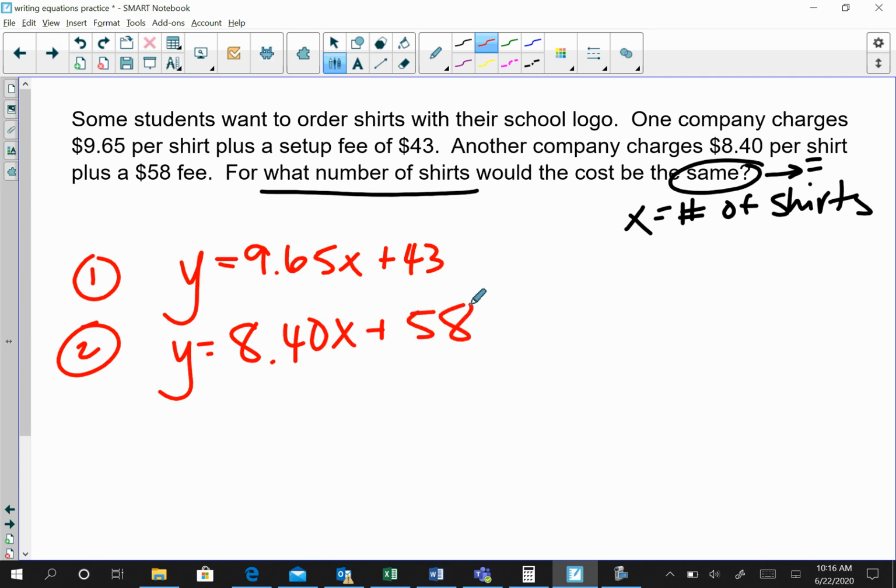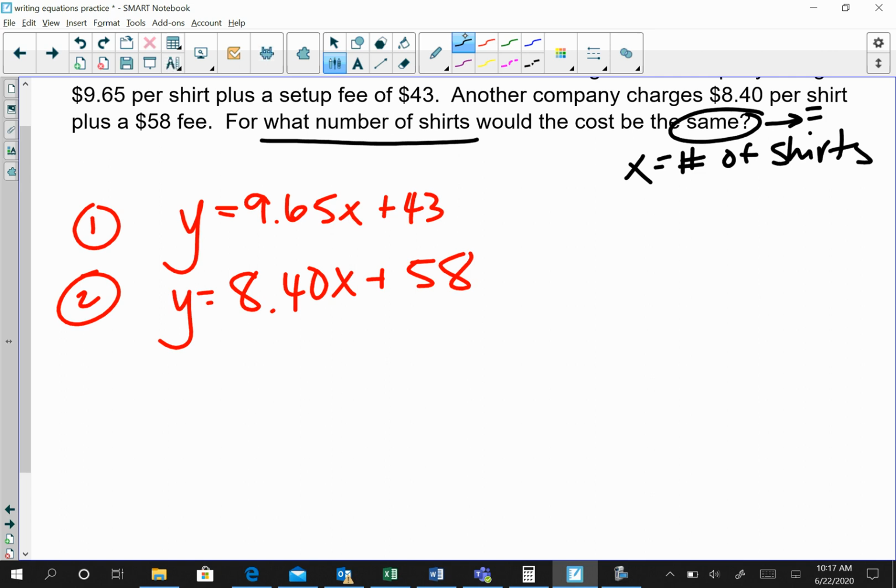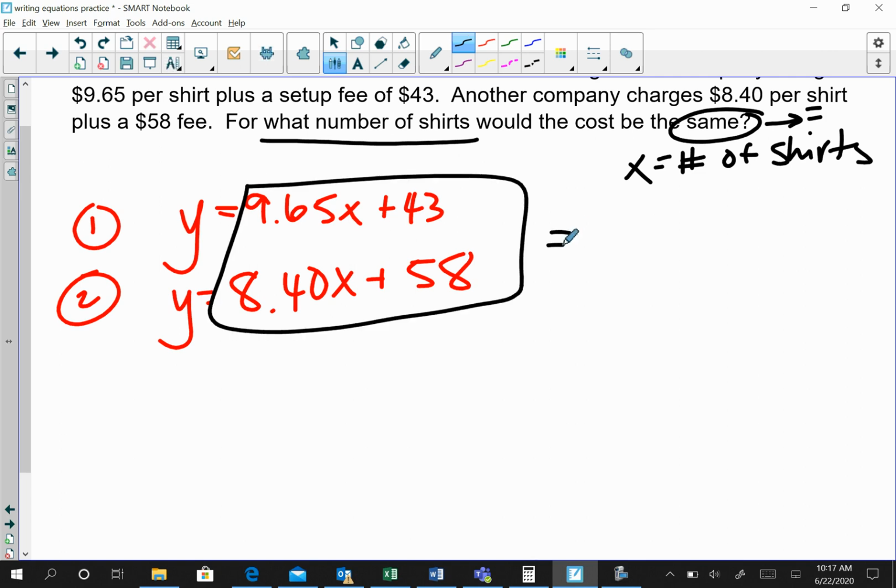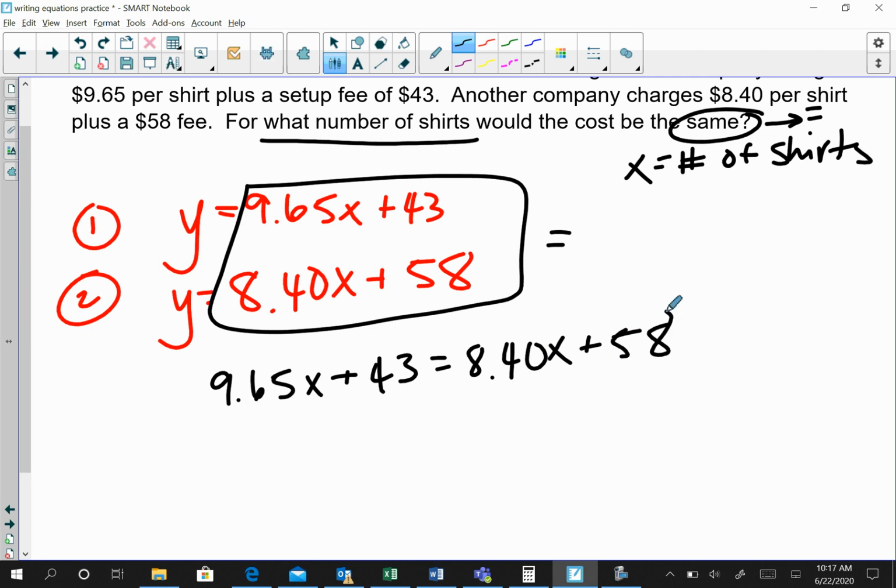So the price per shirt, take that price and multiply it by number of shirts. That's how much you're going to spend total, and then the setup fee. Now I want to know when these are the same. So now I need these two to be equal. So 9.65x plus 43 is equal to 8.40x plus 58.